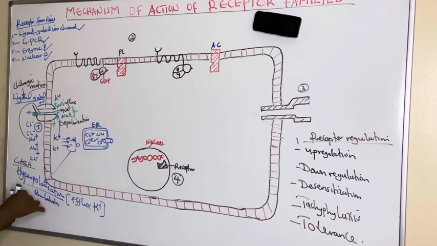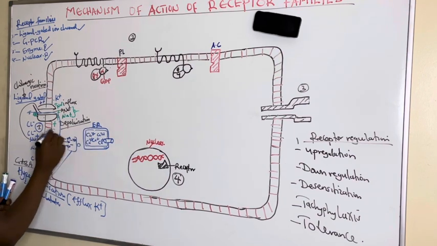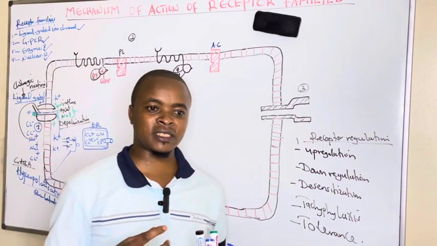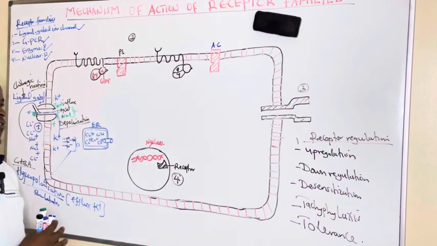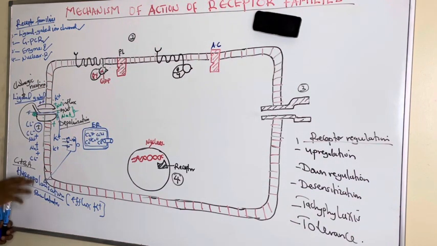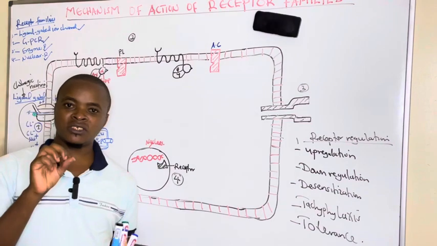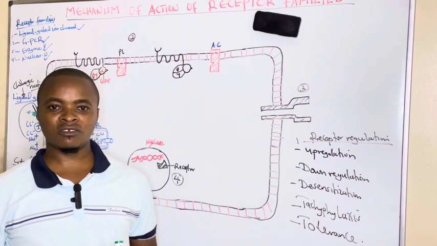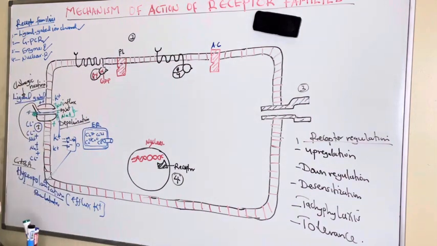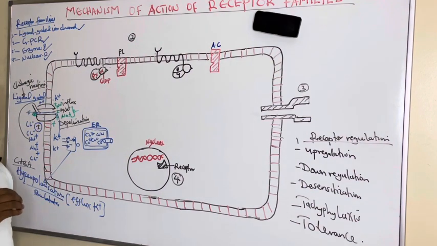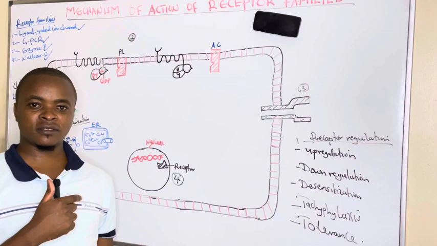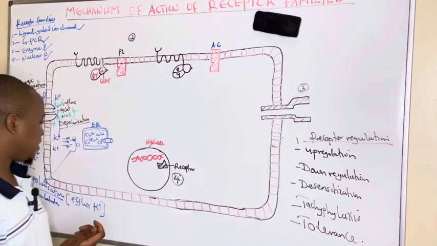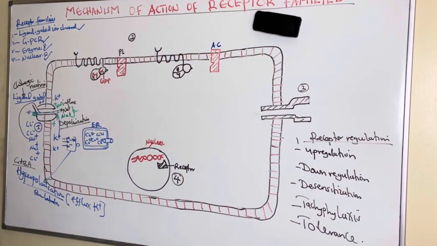If the cell becomes depolarized in the presence of drugs like nicotine, an action potential is fired. So this is the mechanism of action of ligand-gated ion channels: either they result in influx of sodium ions, causing the inside of the cell to become positively charged, leading to depolarization, or those that work under glutamate and GABA receptors cause efflux of potassium ions, leading to the inside of the cell becoming more negative, which is hyperpolarization.